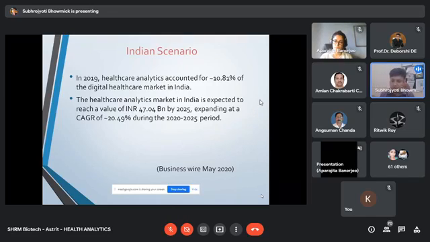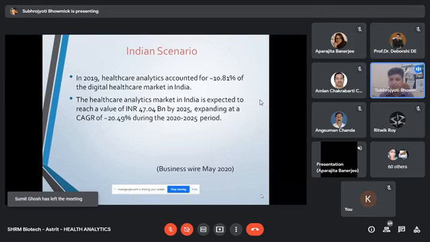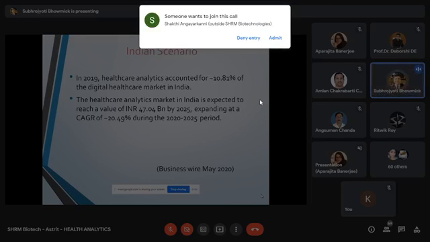Hospitals are all embarking on the digital health, telemedicine pathway, and it is expected that the healthcare analytics market will reach the value of 7 billion Indian rupees by the end of 2025.